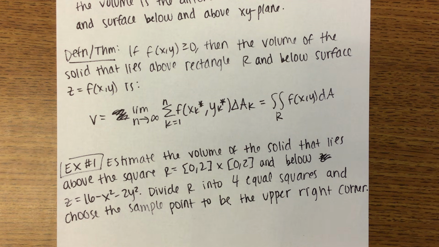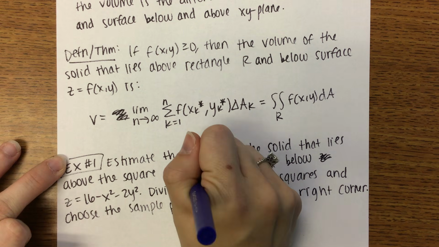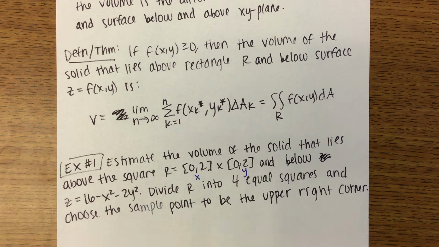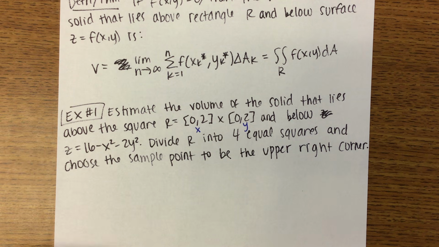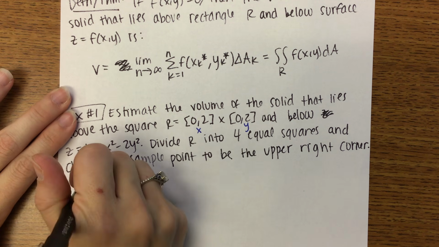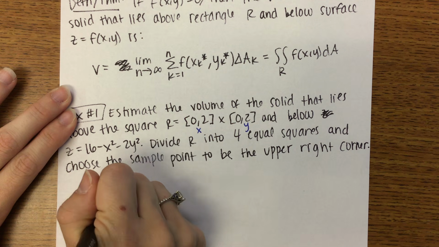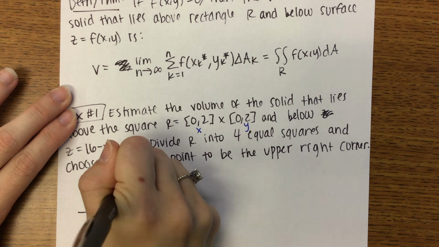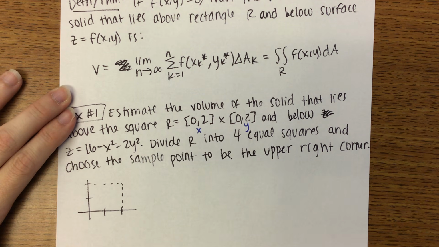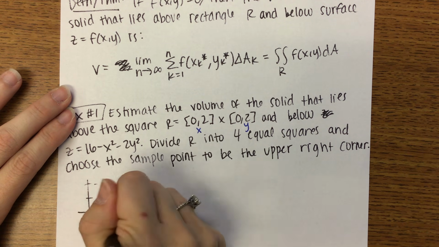Okay, so here's what this notation means. These first two are the values of x, second two are the values of y. In this case it doesn't matter, but if we change the values of x and y, if it wasn't a square, it would matter. So this is what we're looking at for R. X is between 0 and 2, y is between 0 and 2.